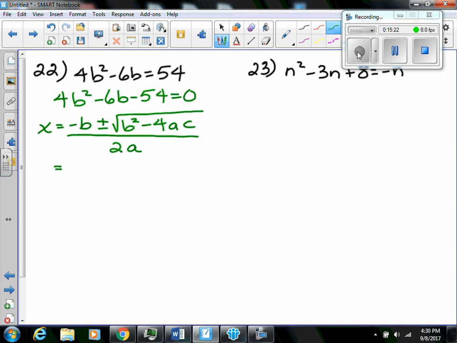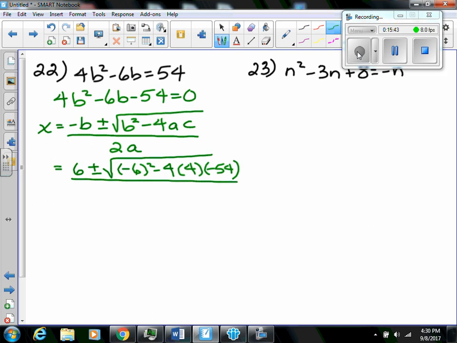So my original b is negative 6, the opposite of that is a positive 6. Plus or minus the square root of b squared, so negative 6 squared minus 4 times a, which is 4, times c, which is a negative 54. All of this will be divided by 2 times 4.